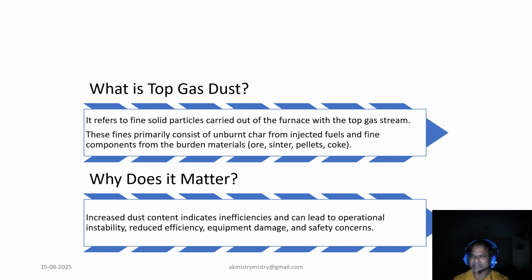High dust levels signal big inefficiencies and can lead to instability as well. Reduced efficiency is always signified by more dust generation in the outgoing gases. It also contributes to equipment damage, and there is a safety risk or hazard also.